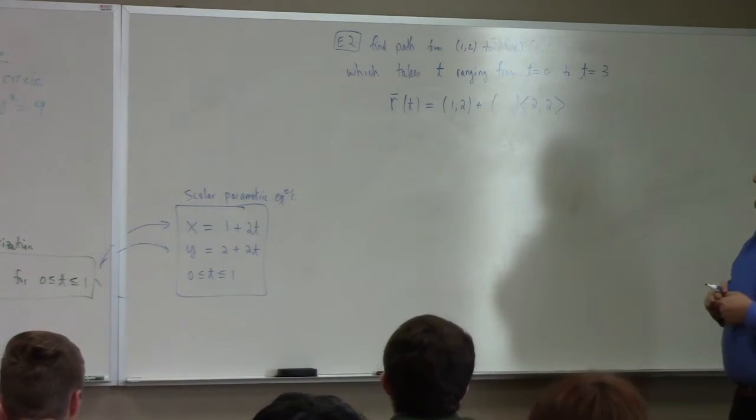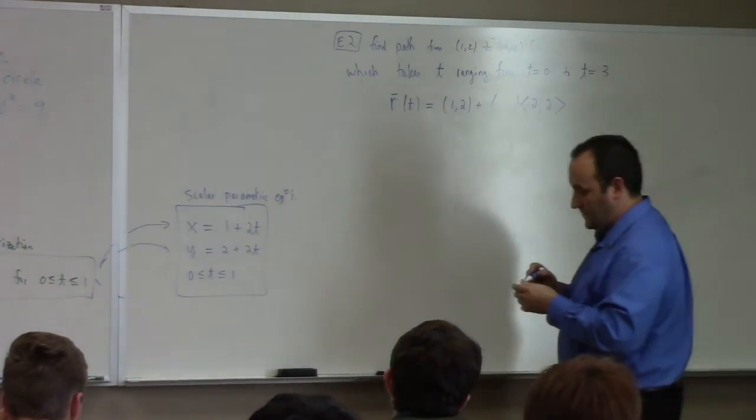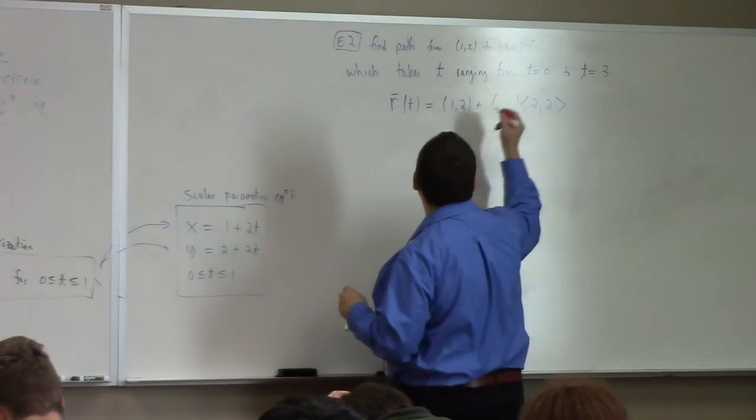So, I mean, fill in the parentheses. You want something that gives you 1, 2 when you put t equal to 0, right? And you want it to be giving you 1, 2 plus 2, 2 when t equals 3. So what do you do there? You don't put t there. Instead, you put what? t over 3, right? Basically, just take the same linear path and just slow it down.